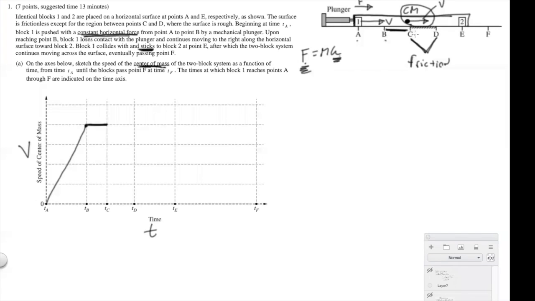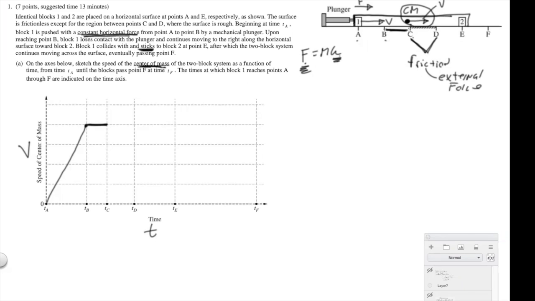Now, at point C, we have friction. Friction is an external force, right? Our system is this, and friction is a force acting from the outside. It's acting from the ground onto block 1, which is part of the system.